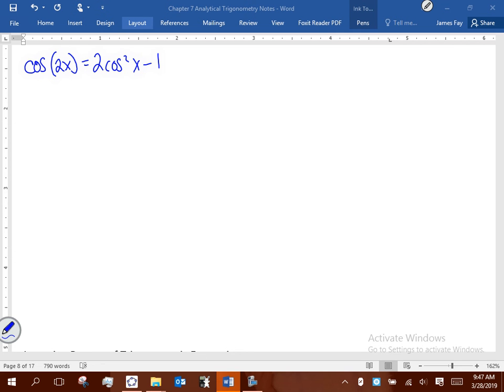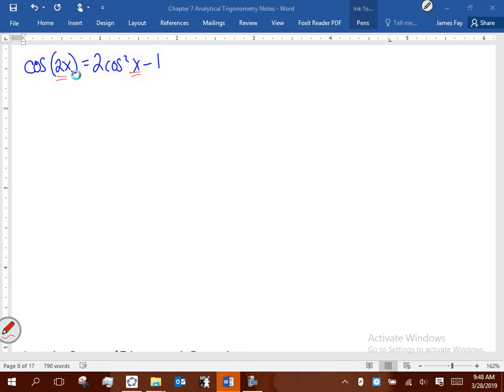Here's the thing, though. I'm going to make the substitution. You can make the substitution at the end. I'm going to make it first. If I look at those two things, are they in a 1-to-2 relationship? Yeah. So if I were to solve for cosine of x, it's going to give me essentially a half angle of cosine 2x. Does that make sense? So here's the approach that I think makes more sense to do first.